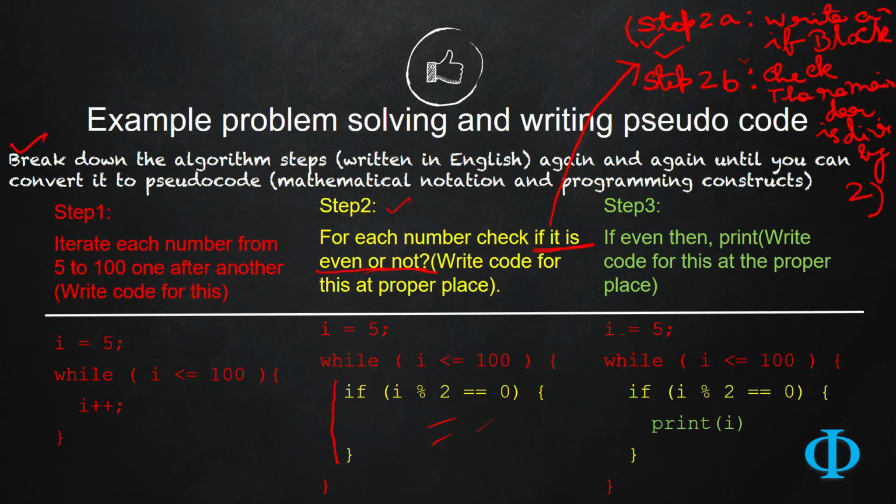So instead of getting the problem and directly jumping into the code, write the simple English statements and convert each step to equivalent code. And continue the breaking down process as long as you are not comfortable converting it to equivalent pseudocode.